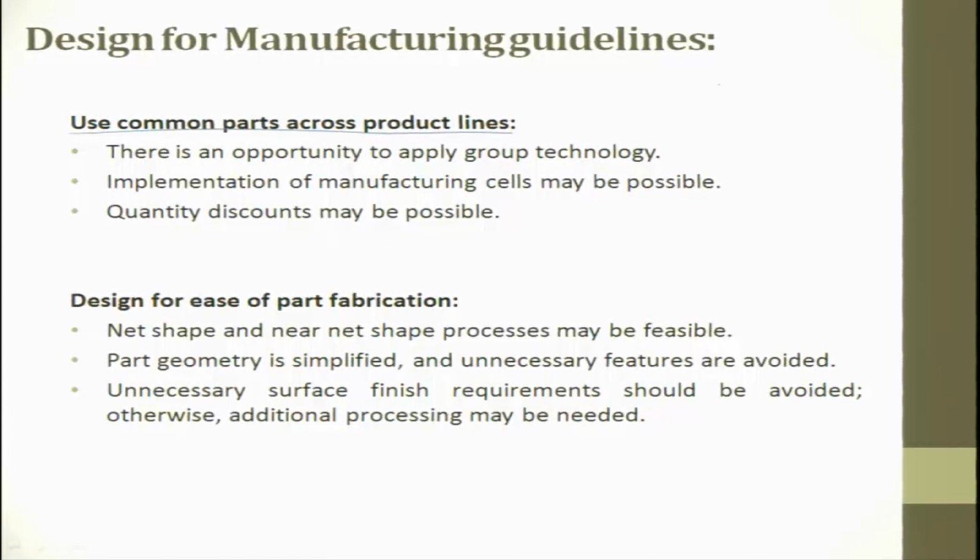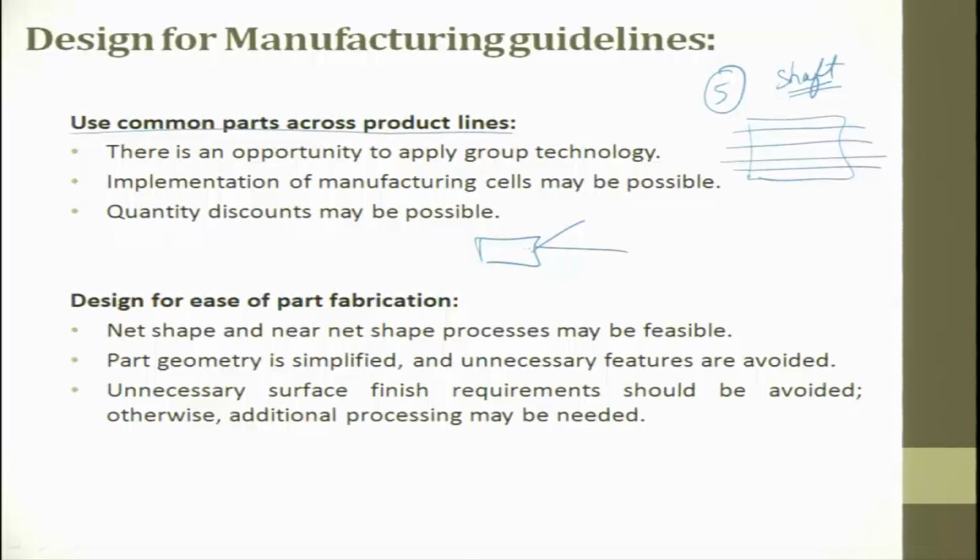If there are 10 places or 5 places where the shaft has to be used at several layers, assuming this is a product, here is a shaft, here is a shaft, here is a shaft, here is a shaft. So use the shaft which is getting assembled across different product lines. What I am trying to say is I have a car and then I have several different models of the same car.